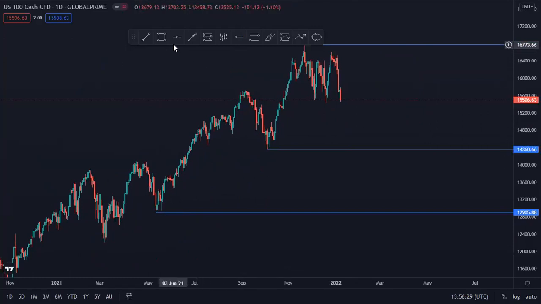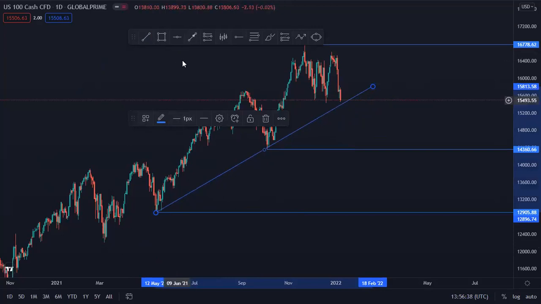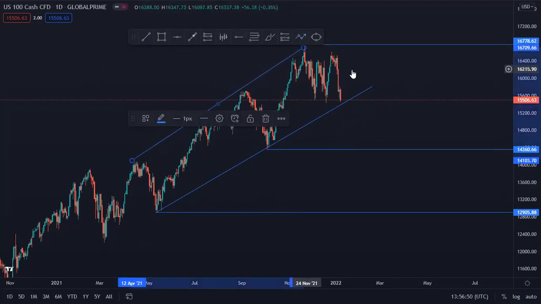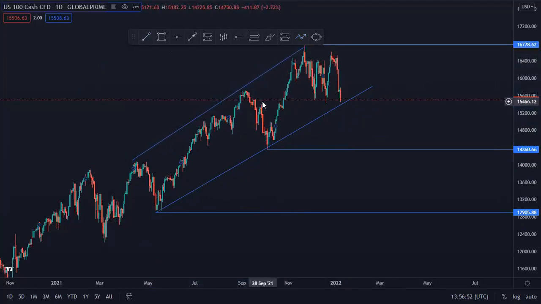And as you can see, like I said in the previous video, I don't like using too much information. I don't like inserting too many trend lines. But right here, as you can see on the daily time frame, we have something like this. This is what we have. I might remove this. This is just to show you the bigger picture of it. I might remove this when I go lower on the time frame, because I don't like too many trend lines.